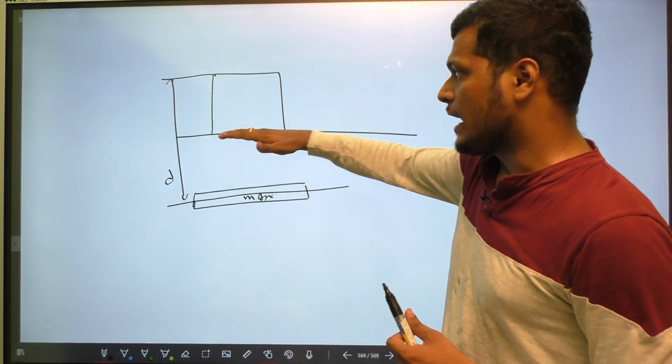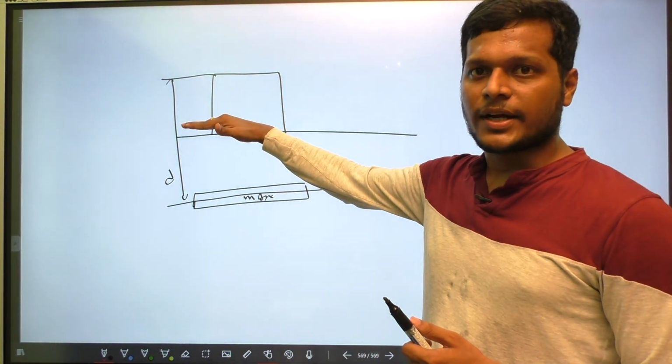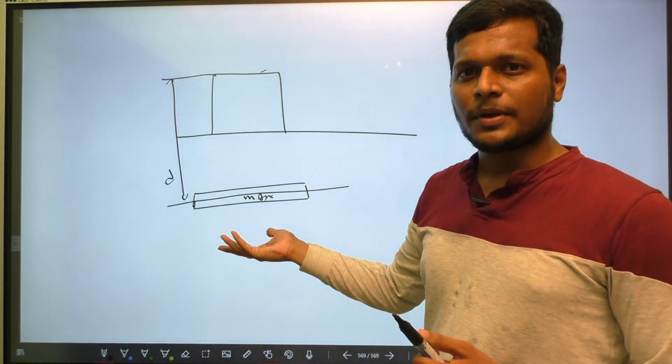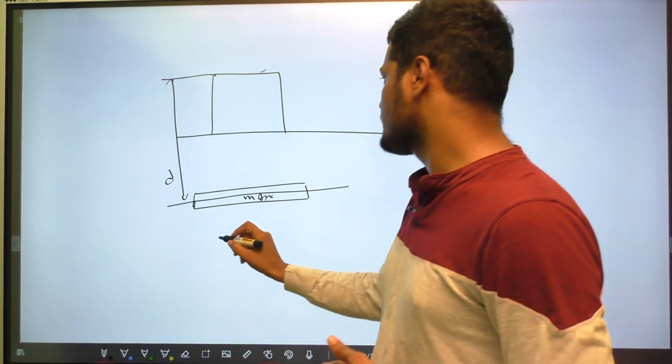As the neutral axis coincides with the centroid as per elastic theory, the moment of the top area should be equal to the moment of the bottom area with respect to the neutral axis.